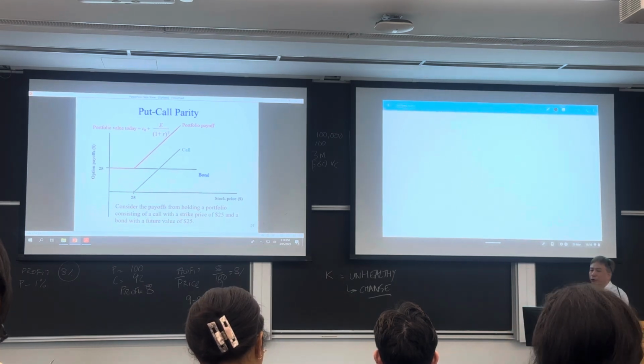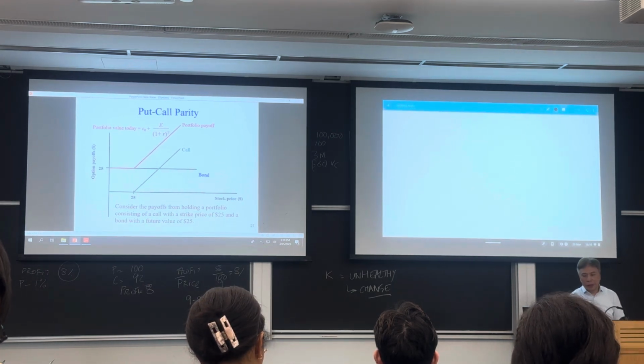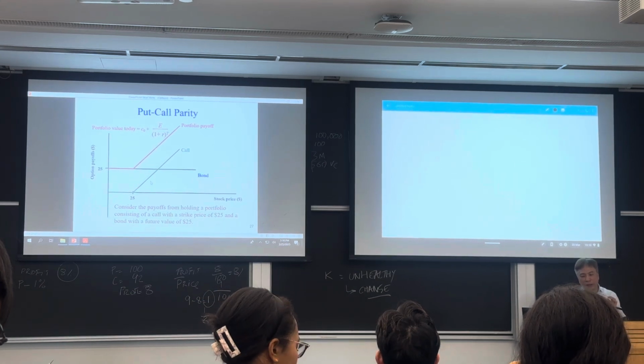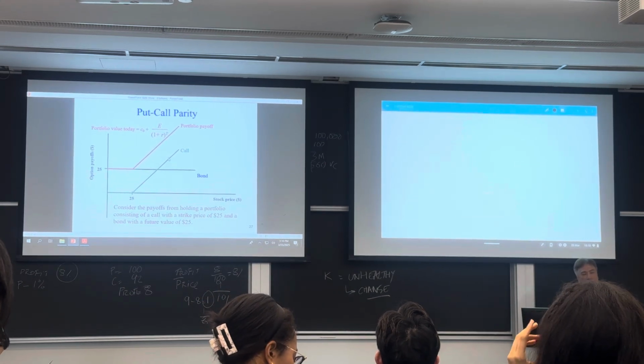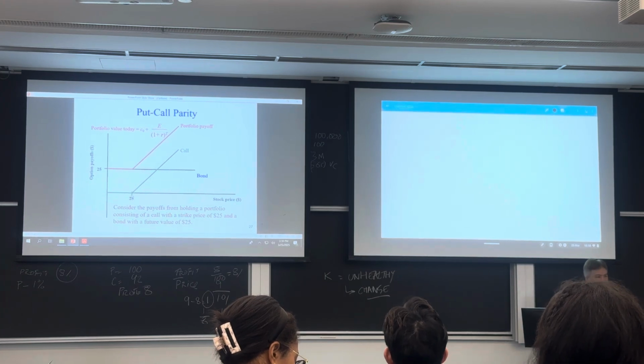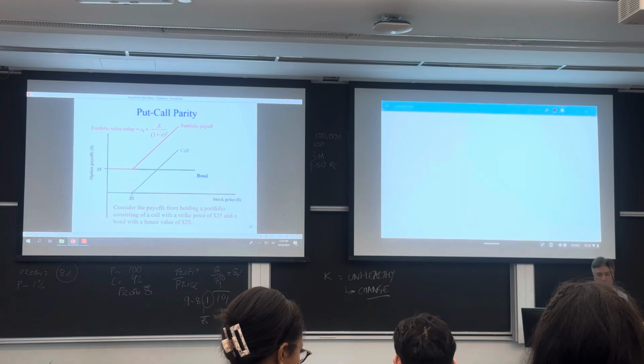Now let's look at how we prove the put call parity. First of all, consider two strategies. The first strategy is to buy a call option. The green line represents the payoff if you long a call option with a strike price of 25. Any strike price, let's say 25.